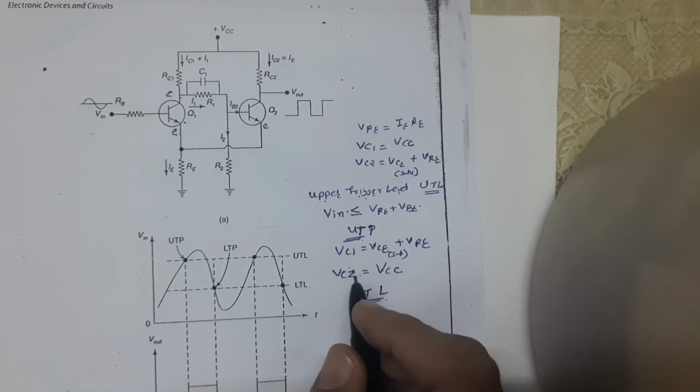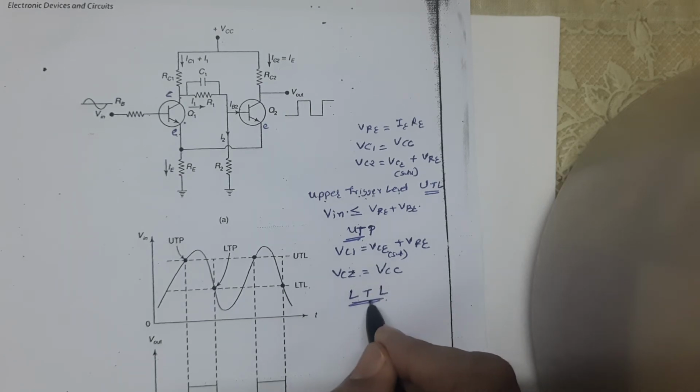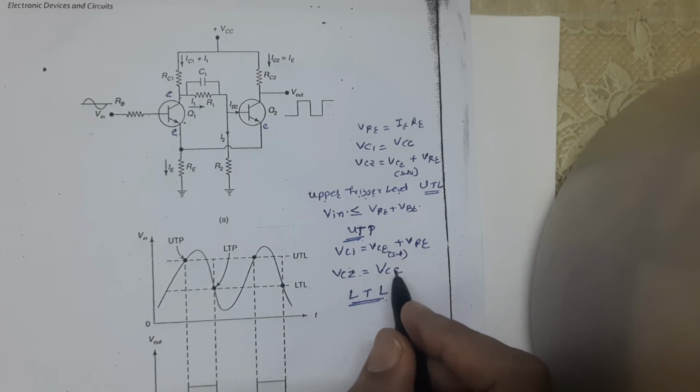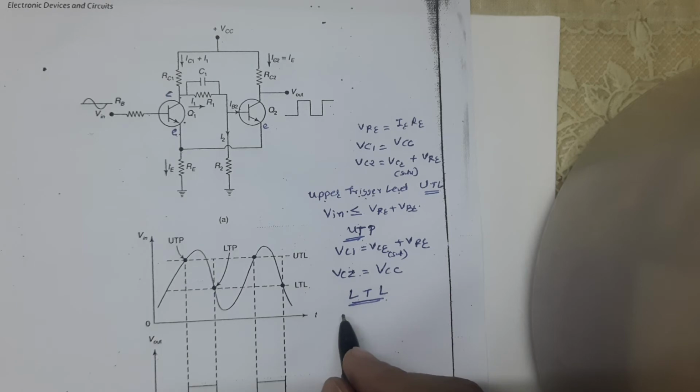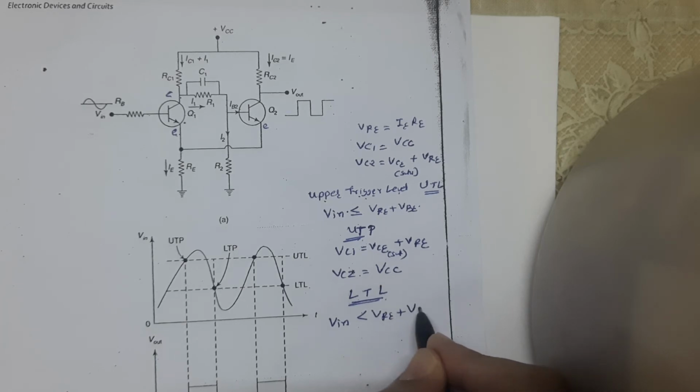When the input voltage becomes equal to the lower trigger level, LTL, the emitter base junction of Q1 becomes reverse biased. That means Vin is less than VRE plus VBE1.